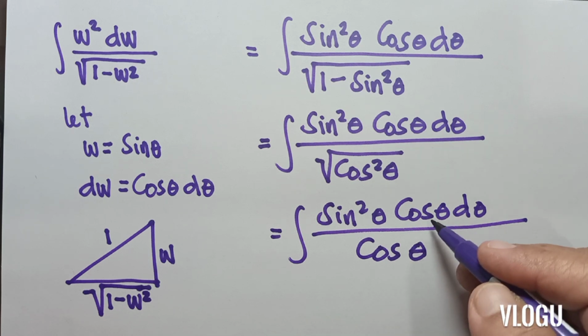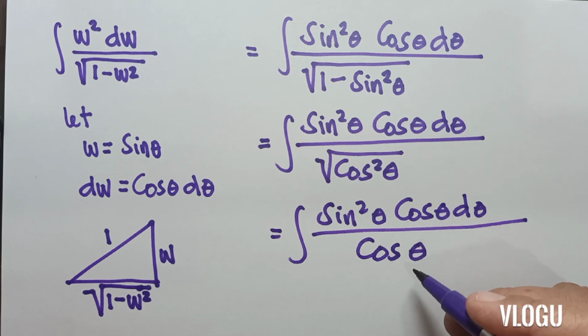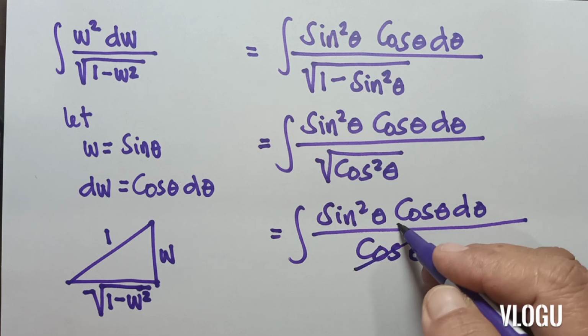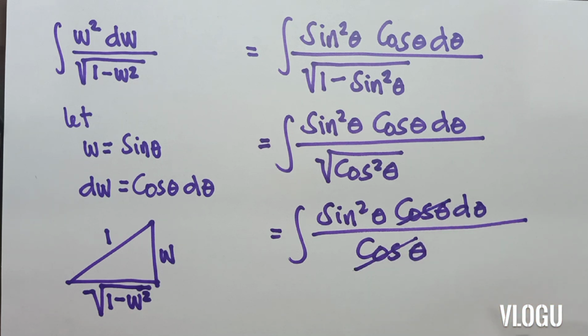So we can cancel cosine theta and cosine theta. What remains is the integral of sine squared theta d theta.